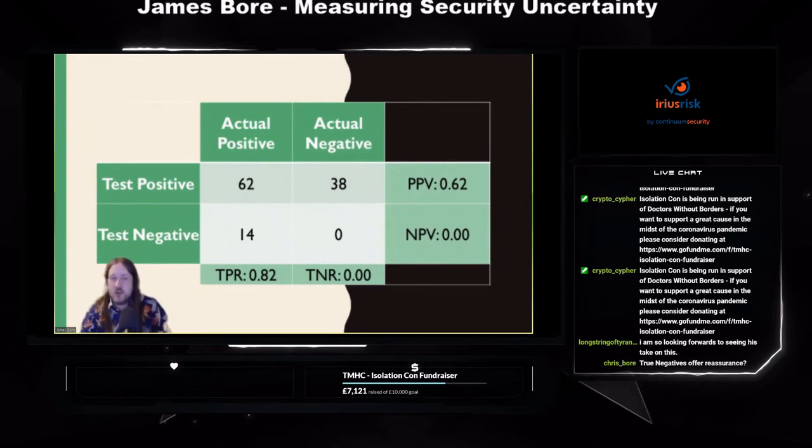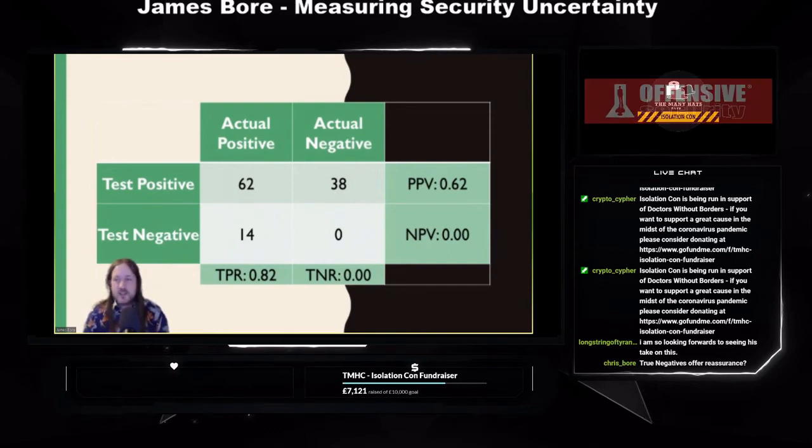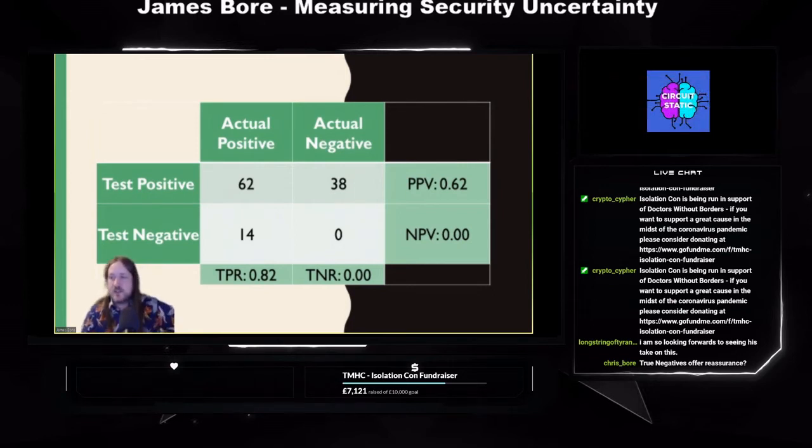Again, hard to say if that's good or bad. Nothing to compare it against. True negative rate is 0. We've not got any true negatives because anything that wasn't found by the test and wasn't in our sample is by default a true negative. If you've got somewhere you've included a sample because you can, that's a different matter.